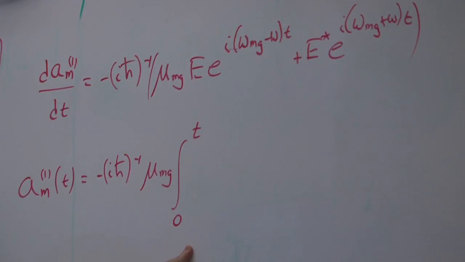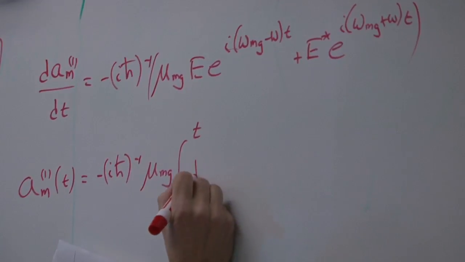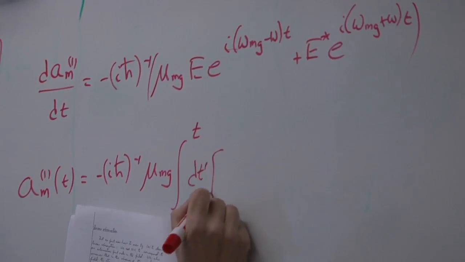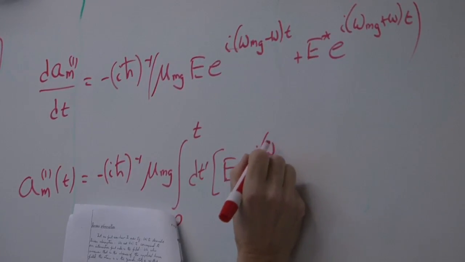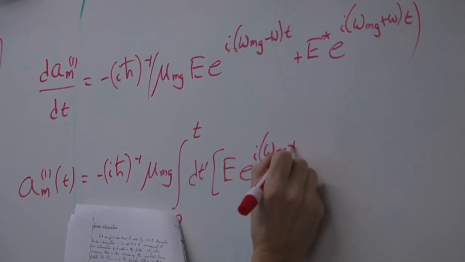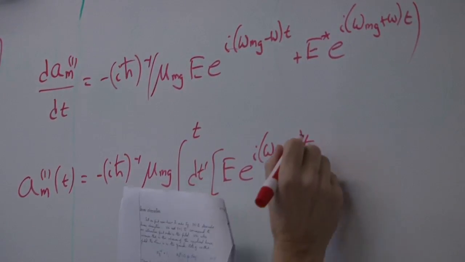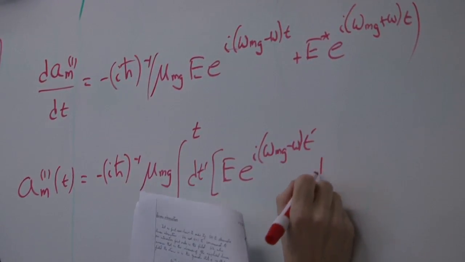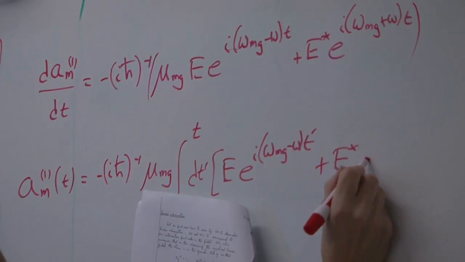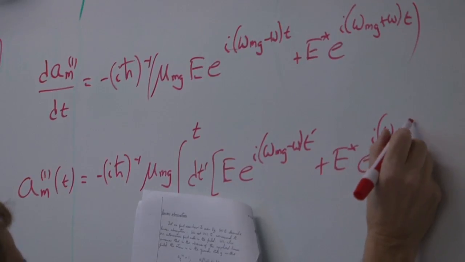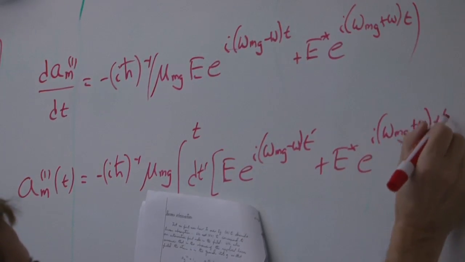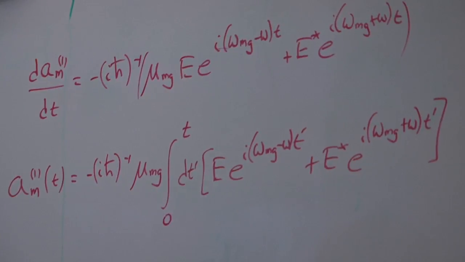You assume that the atom is in the ground state initially. You want to determine the rate at which it makes upward transitions. Integral 0 to t dt prime of e to the i (omega_mg minus omega) t prime plus e star e to the i (omega_mg plus omega) t prime.